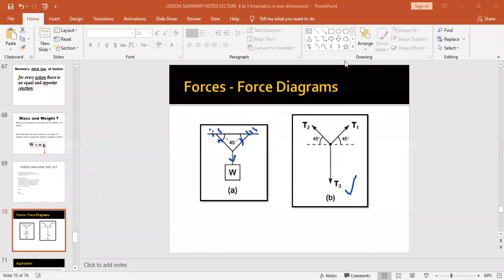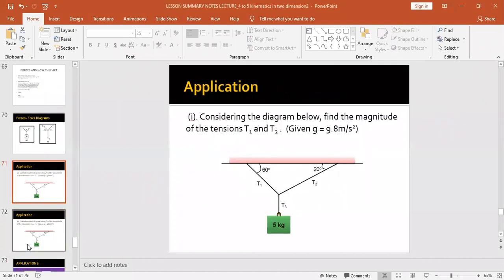So let's move on and take some examples. Our time is really running quick. So we move to the next example. It says, considering the diagram below, we are supposed to find the magnitude of the tensions T1 and T2. We've been given the weight of this object, which is T3.